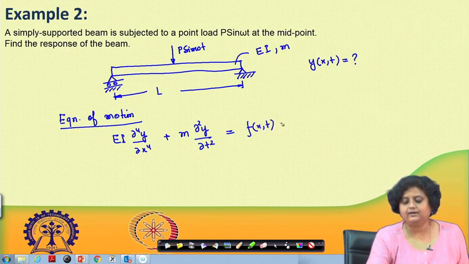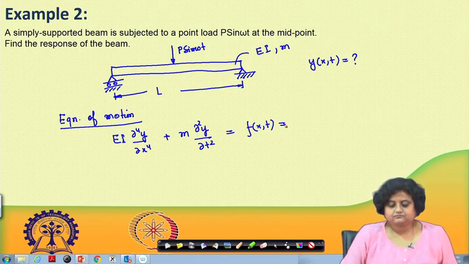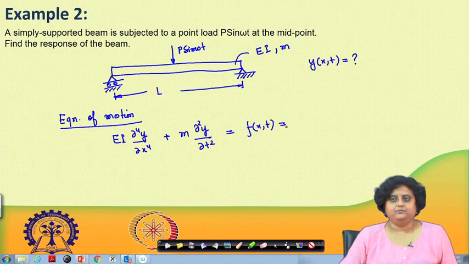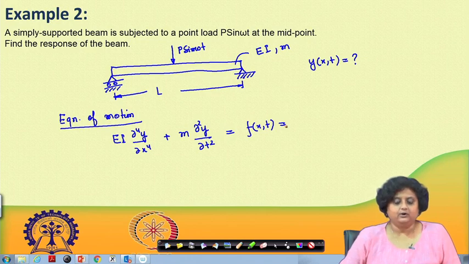So, the equation of motion is given as follows. Now let us see what this f x t is. f x t is the external load applied to the beam. Now, how am I going to mathematically express the f x t that is acting on the beam? f x t is a point load, so it is acting at a single point on the beam.